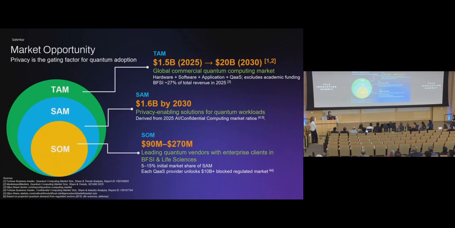We compare the current market size for AI and the current market size for confidential computing, and we see that's around 10%, meaning a privacy solution for quantum systems would probably also be around 10% of the entire quantum computing market size. So if quantum computers are going to scale up, we will be able to capture 10% of the entire market size.